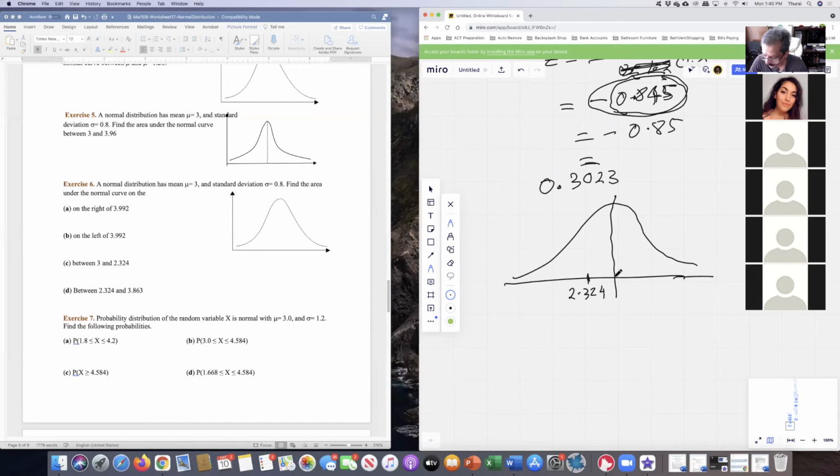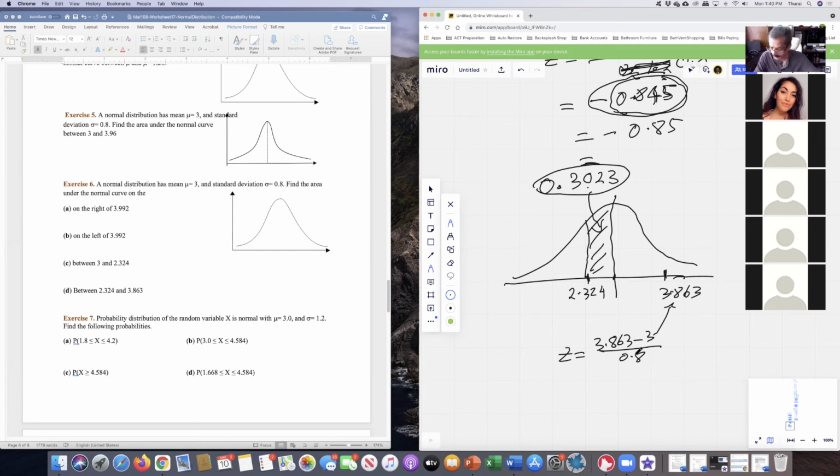And the area between the mean and this, we already found. This area is equal to this number, we just found it by looking up. And then between the mean and 3.863, which is somewhere here. To find the area between the mean and that, I need to find the z-score. Z-score equals 3.863 minus 3, the mean, divided by 0.8.